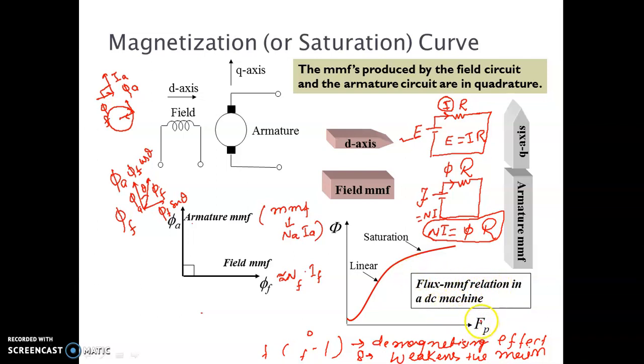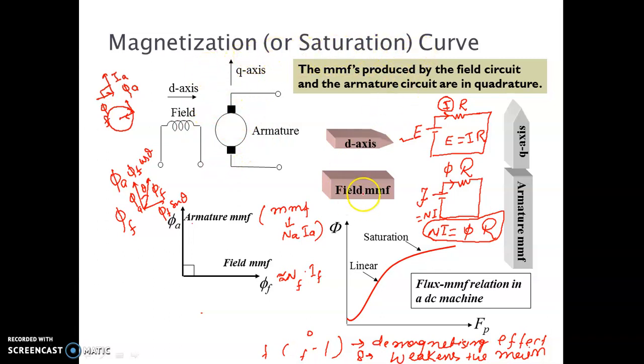F is written as MMF. In this relation, the MMF produced by the field circuit and the armature circuit are in quadrature.